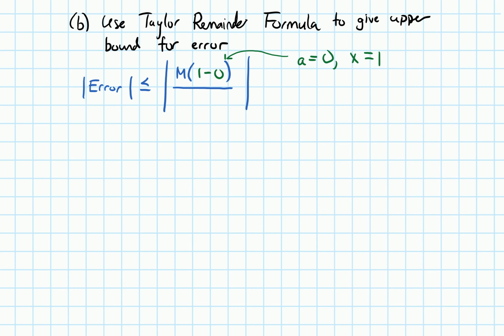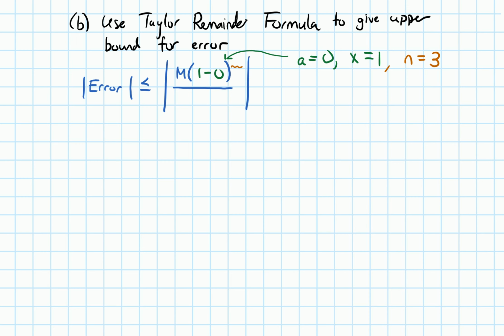That would typically be x minus a. And then up here we'd have the exponent, which is n plus 1. And our value of n here is 3, because we're using a third order Taylor polynomial.